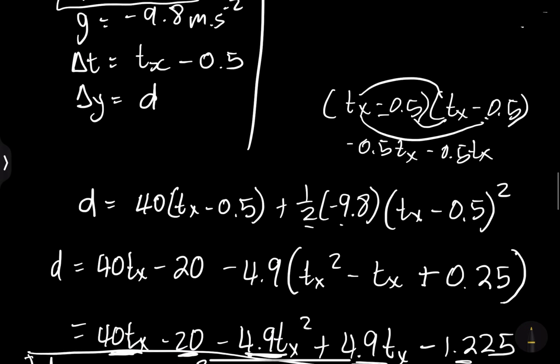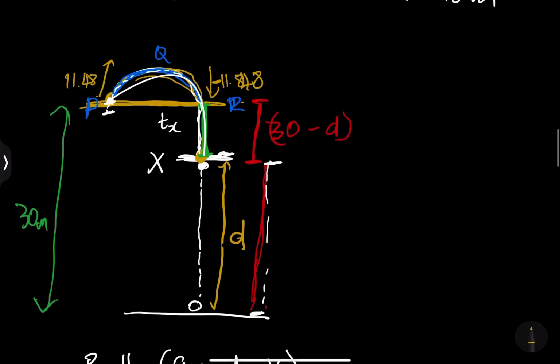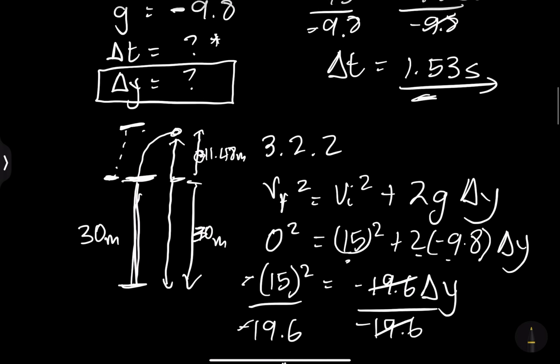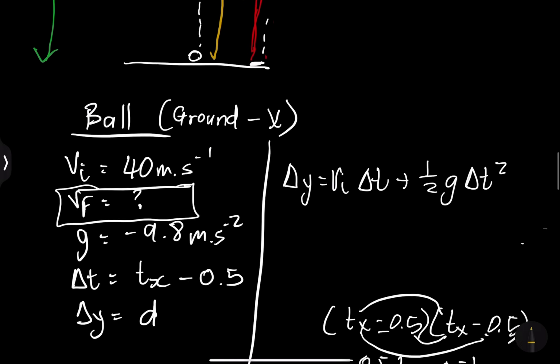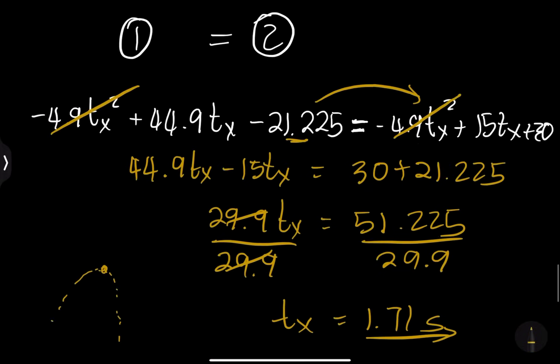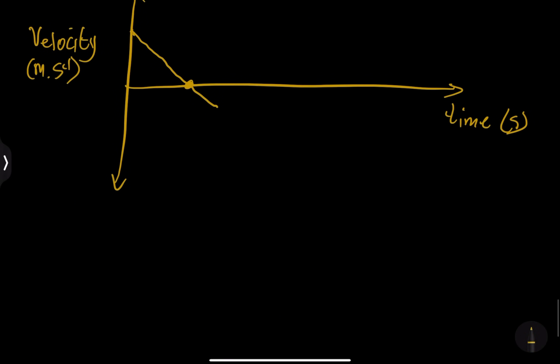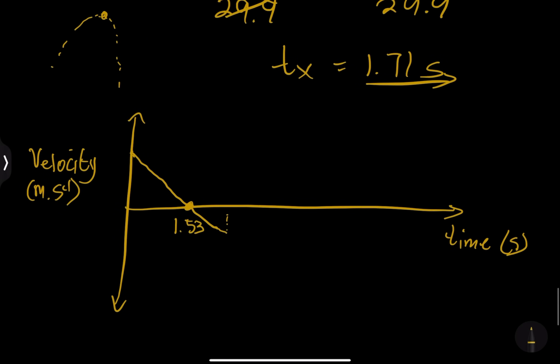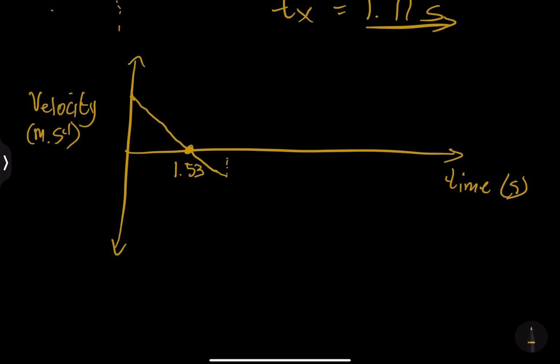We did calculate it. That time was 1.53. So it reached maximum height at 1.53 seconds. And then at 1.71 seconds, this is where it collided with the other ball.